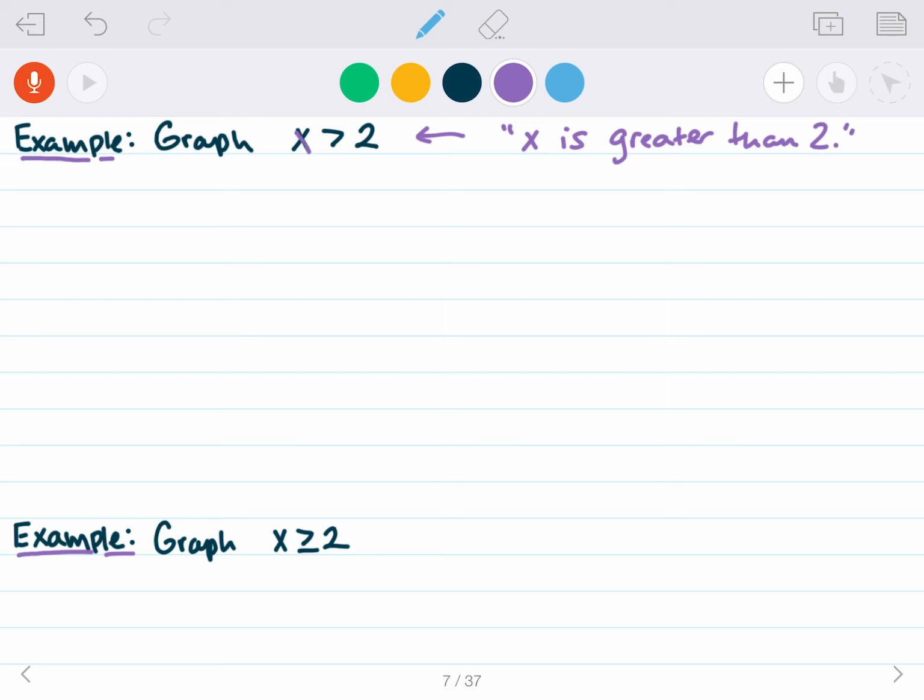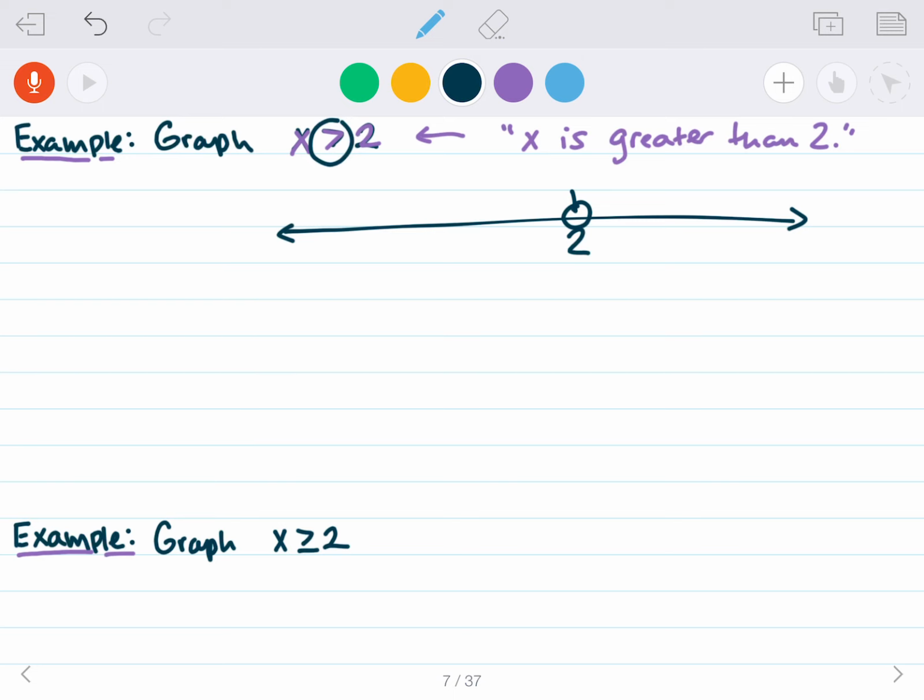As we start at x, we have an open mouth, 2. So if I draw my number line, I don't have to draw these things perfectly, but I'm going to say that 2 is about right here. And I want to do an open dot on 2 because I have a greater than sign, which means strictly greater than. That means not equal to. So I don't want to include 2 in my set.